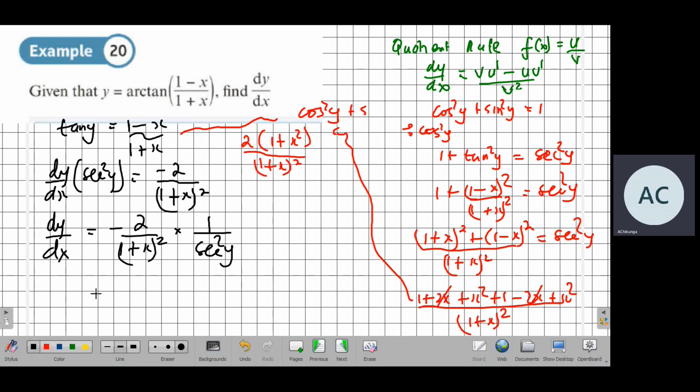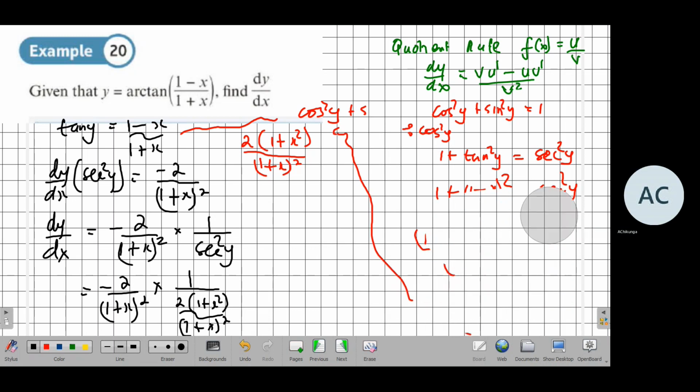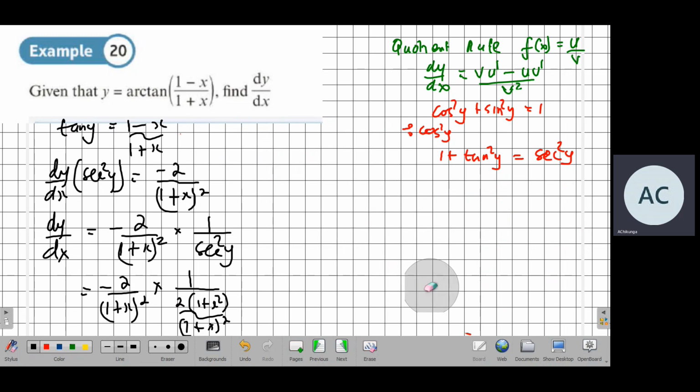So coming down here and making the substitution properly, it's going to be 1 times 2, 1 plus x squared all over 1 plus x squared. So our answer is what it is right now. So what does this mean?